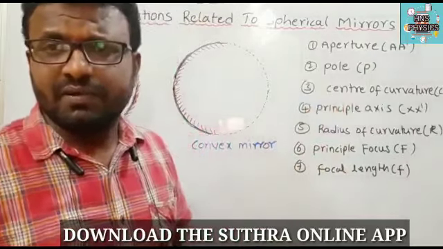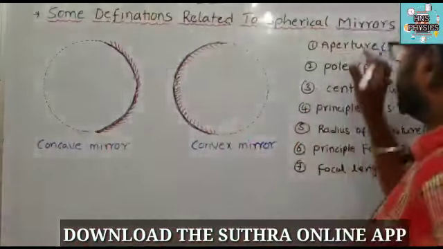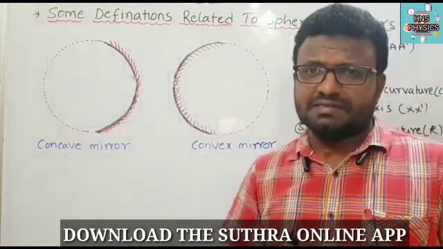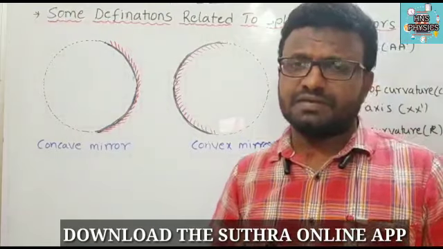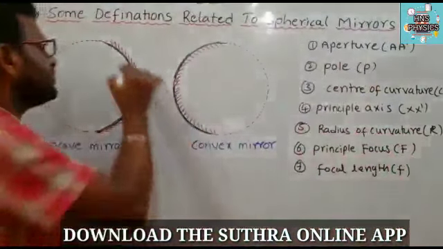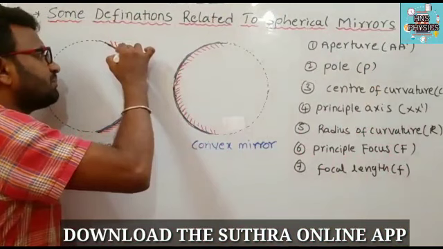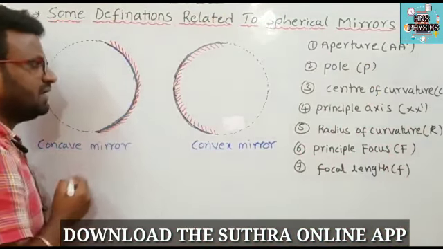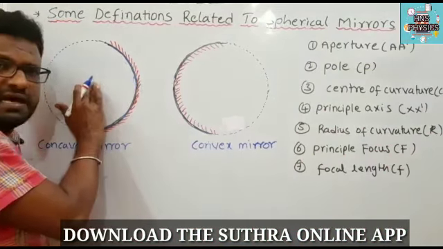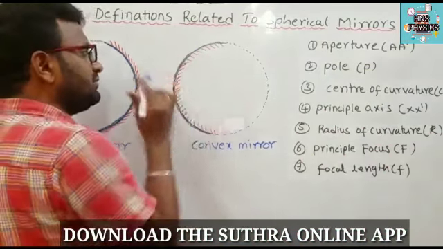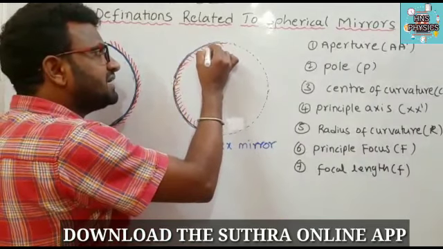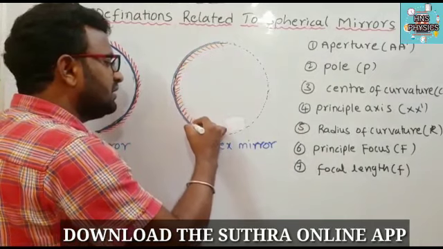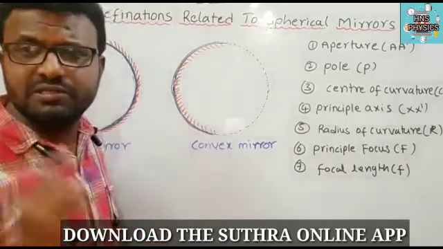Now we will discuss one by one. First one, aperture. Aperture is the width of the reflecting surface. For a concave mirror, the reflecting surface is inside the hollow geometric sphere, and for a convex mirror, the reflecting surface is outside the hollow geometric sphere.